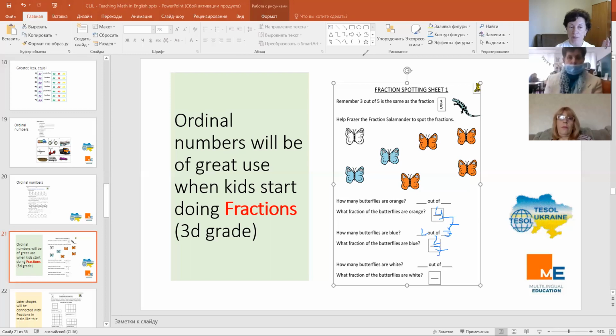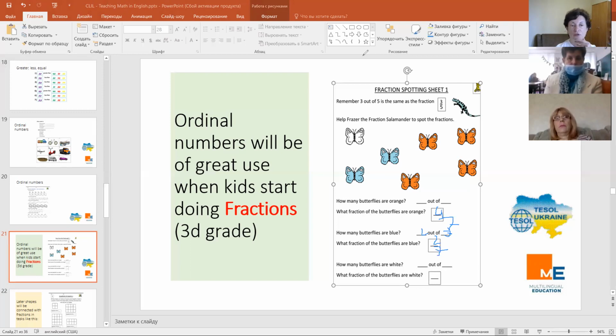Fractions as a topic may be used with so many other topics, like food, city, people, family. And fractions in British and American education play a great role.